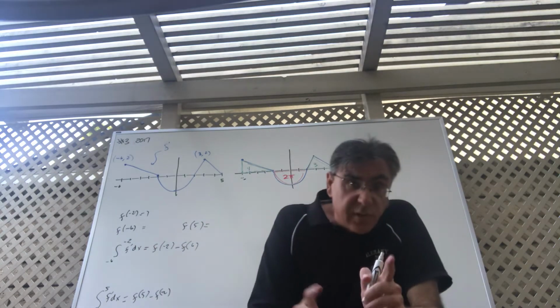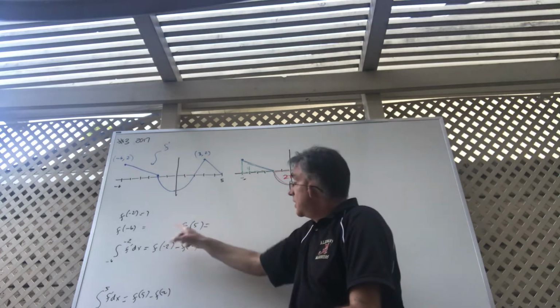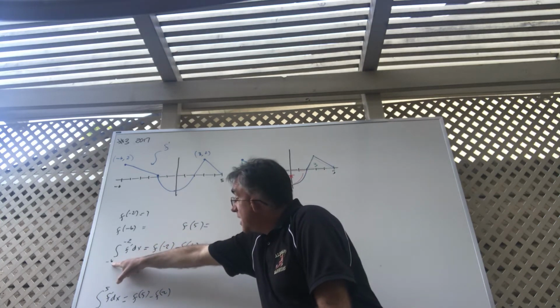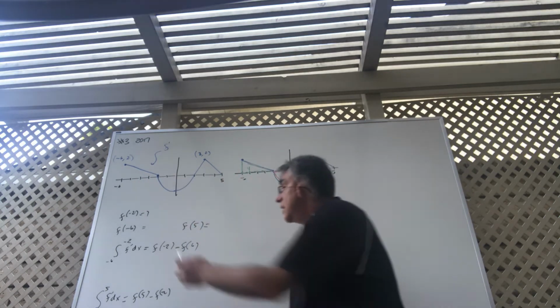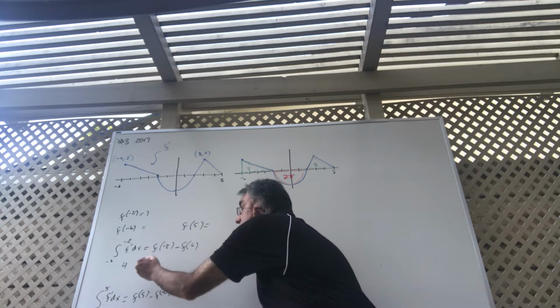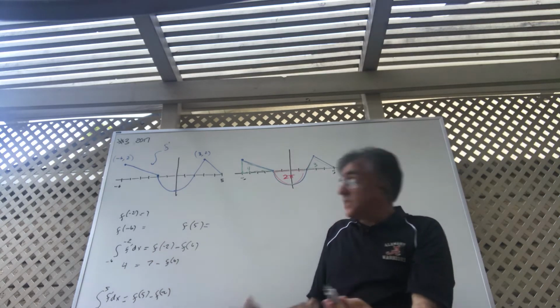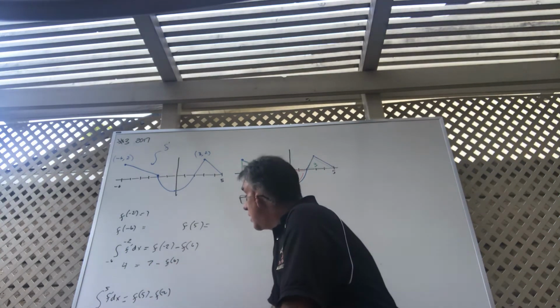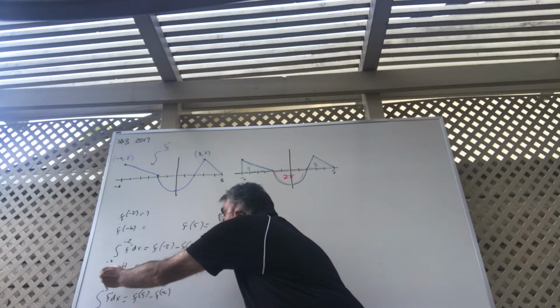And what we can do is figure out the integral here. If I go from negative 6 to negative 2, and I do that integral, that's 4. So what I know is this is 4. I know that's 7. So I can actually calculate the f of negative 6 by moving the 7 over to the negative side.